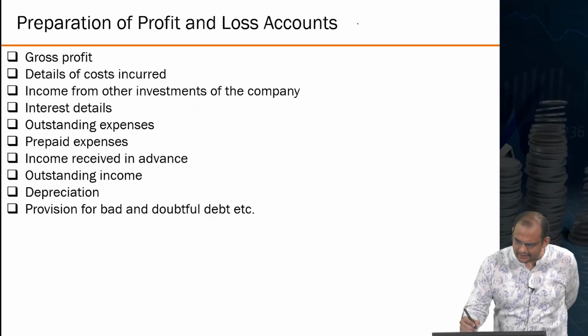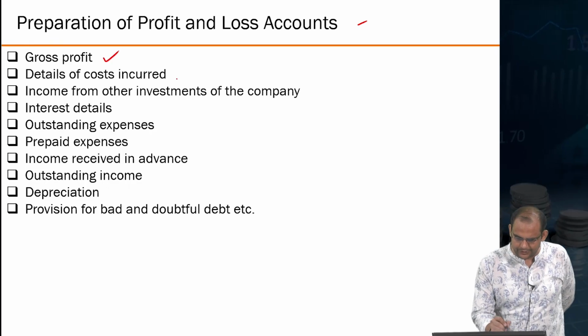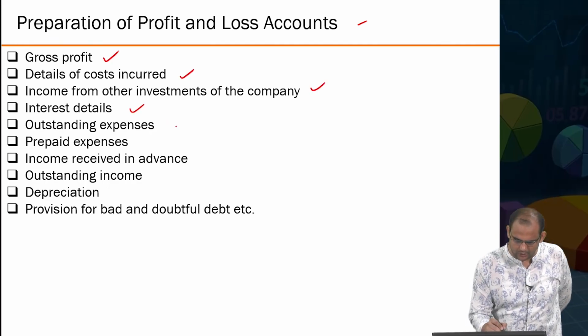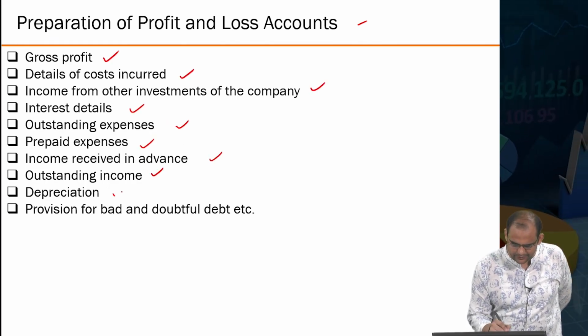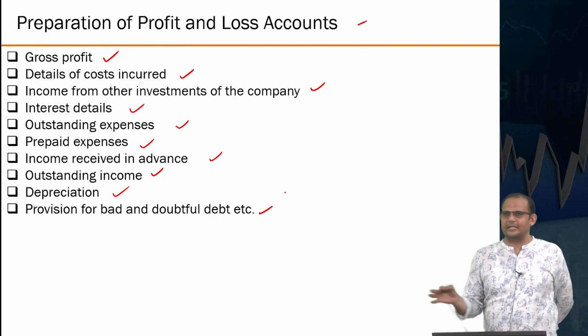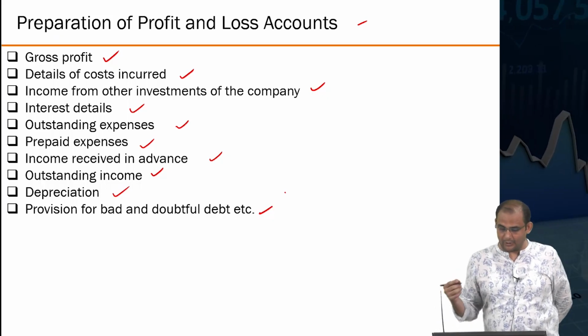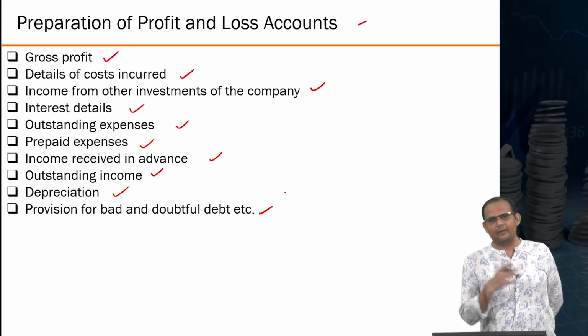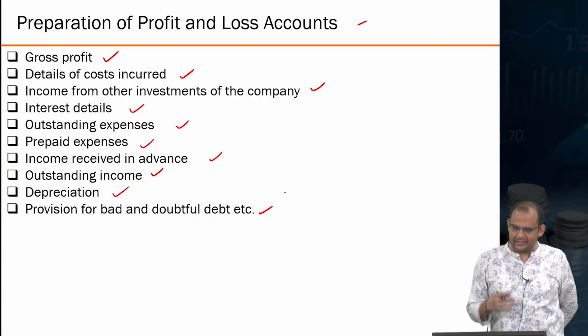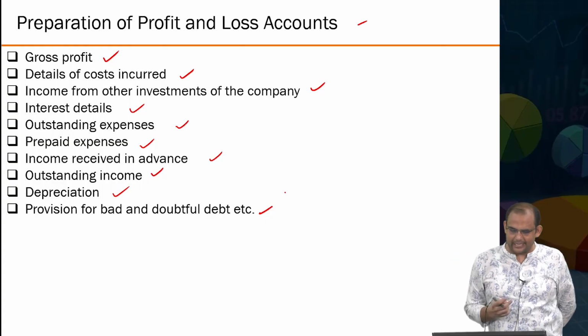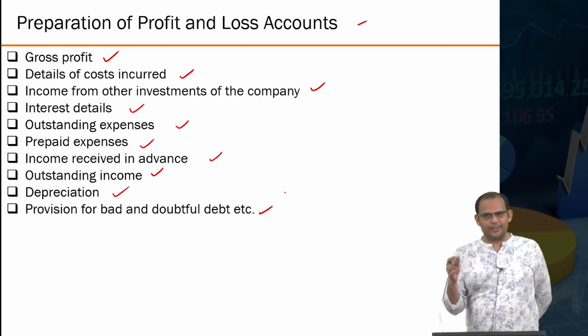In order to prepare a profit and loss statement, typically you need to have information on all of these things. I'm not going into detail, but we will look through examples. You need to know the profit, the cost incurred, income from any other sources that you might have had, short-term interest if you paid, outstanding expenses, all the information that we have seen.